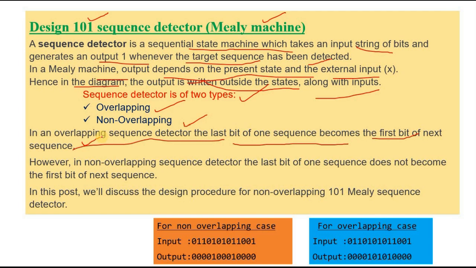So in this example, we will discuss the design procedure for a non-overlapping 101 Mealy sequence detector. Non-overlapping case means, see, your sequence is 101, right? Say for example, here is 0 0 1 0 not matched, 1 0 not matched, 101, right? See, overlapping, non-overlapping case, 101.